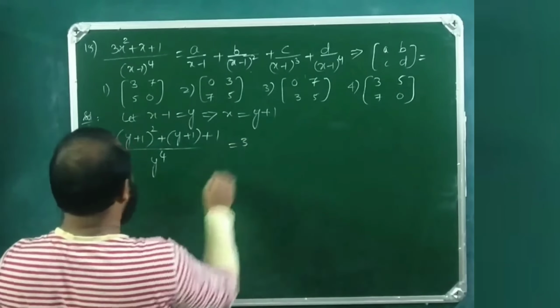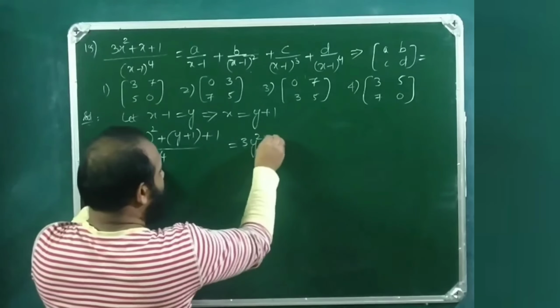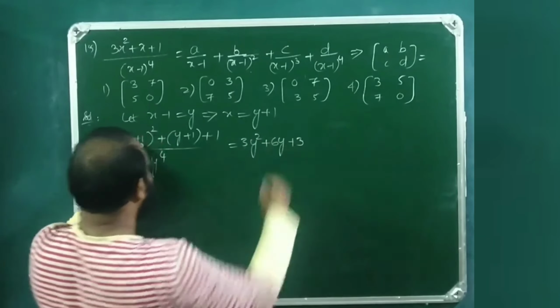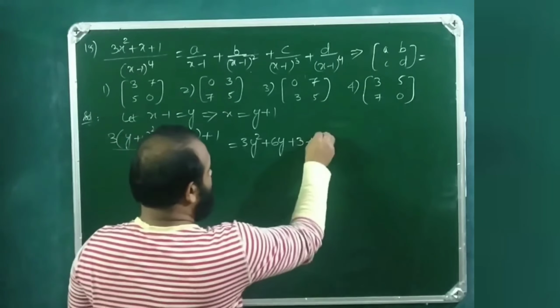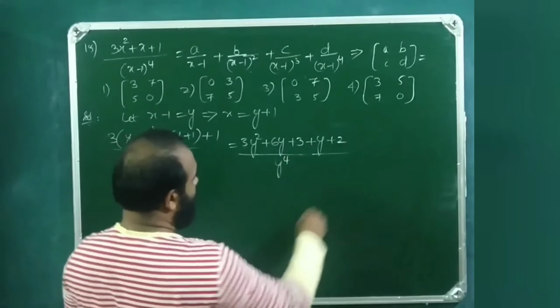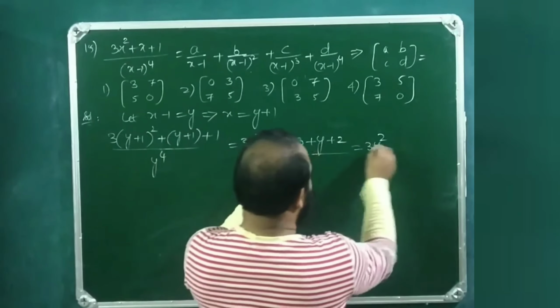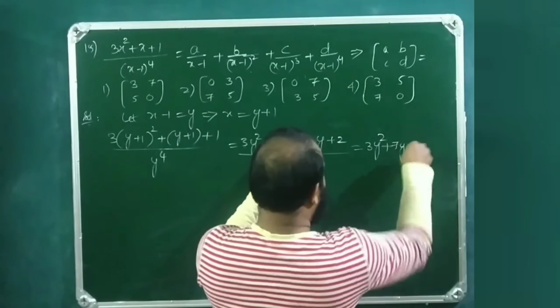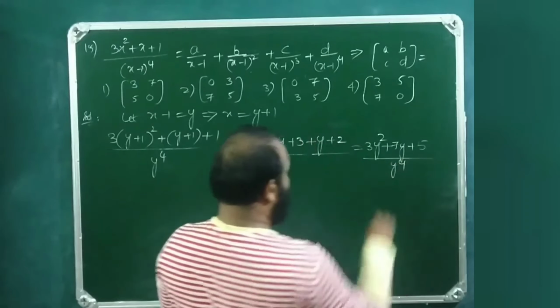So this is 3 into (y square plus 2y plus 1), so 6y plus 3. So y plus 1 plus 1 is y plus 2, by y power 4. This is 3y square plus 6y plus y is 7y, plus 3 plus 2 is 5, by y power 4.